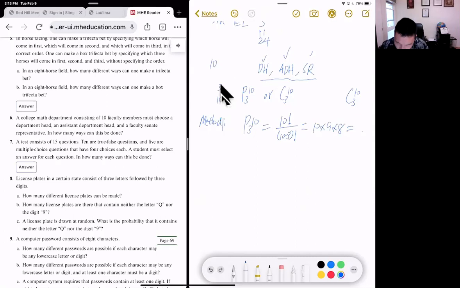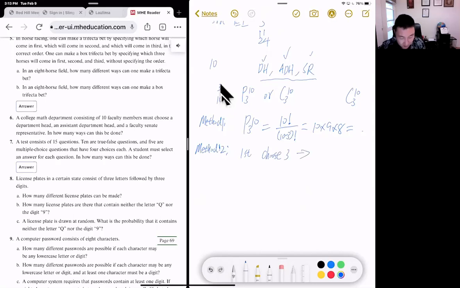Or you can think the other way, in method number 2. You can think of this experiment as 2 steps. The first step is we just pick 3 professors from the 10 total.